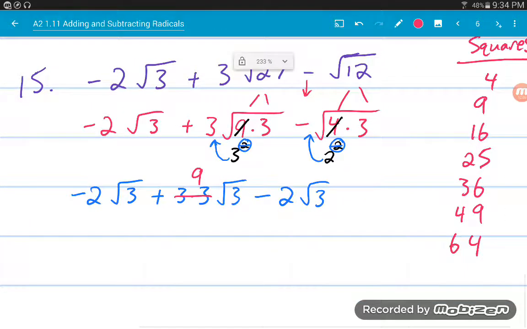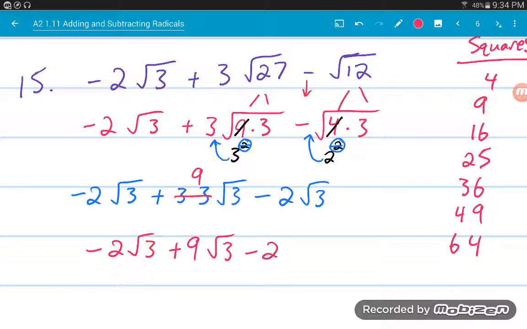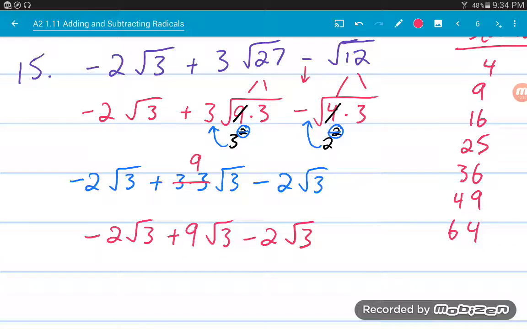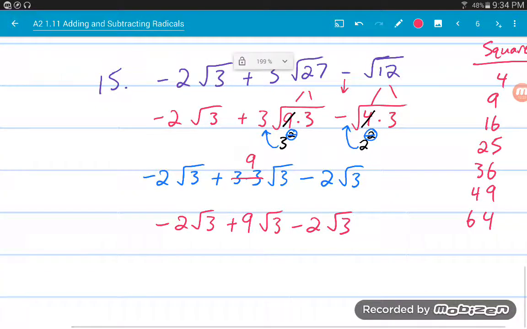So really what I'm asking myself is, what is negative 2 radical 3 plus 9 radical 3 minus 2 radical 3? Really, I'm just adding up the coefficients. Well, if you've got negative 2 rad 3's and I add 9, so negative 2 plus 9 is 7.